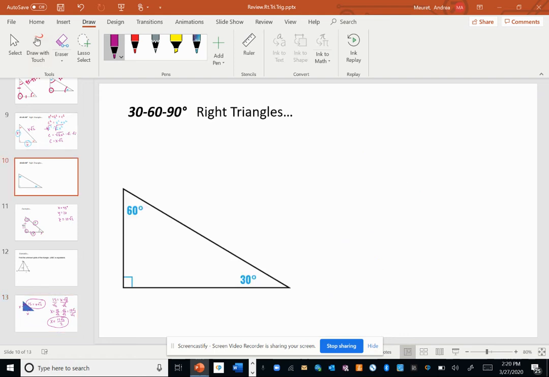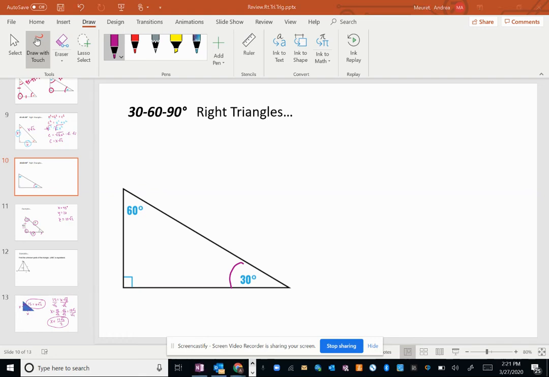Now we're going to look at 30, 60, 90-degree right triangles. The proof for this right triangle involves using the sine of this 30-degree angle.